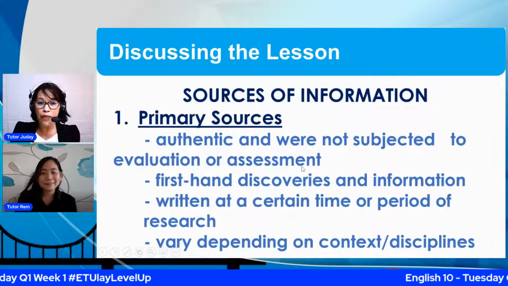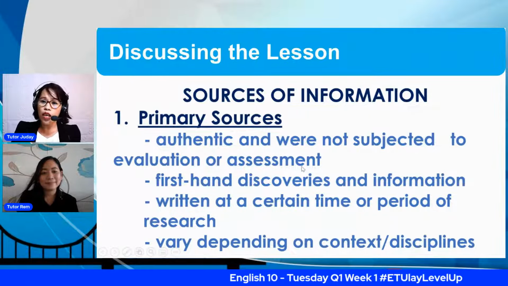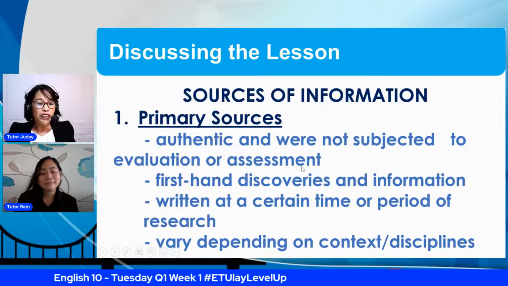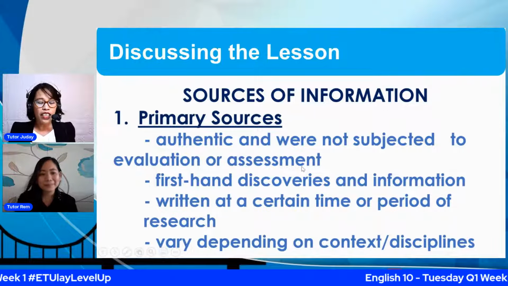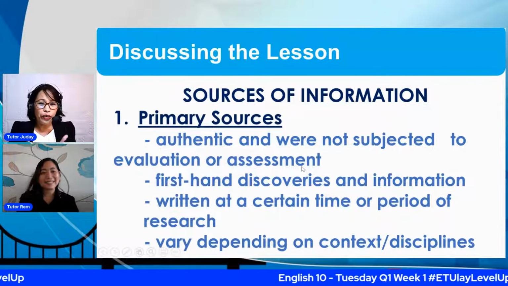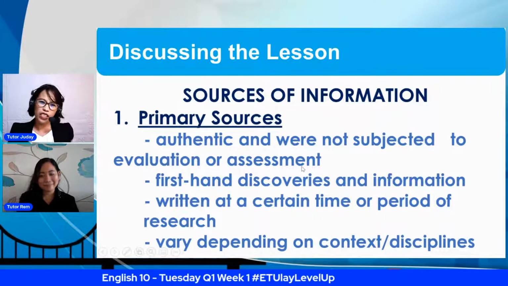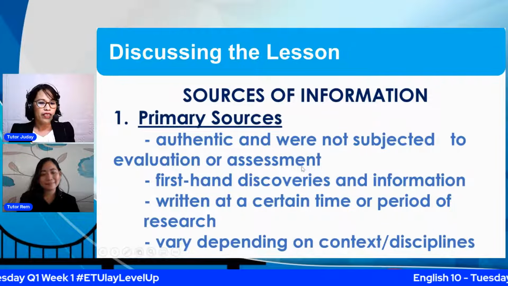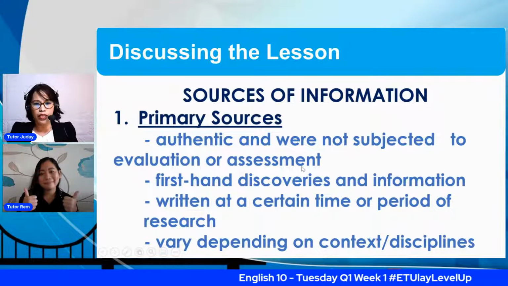Primary sources are authentic and were not subjected to evaluation or assessment, meaning they are first hand discoveries and information. They are written at a certain time or period of history or research. But we have to take note that this varies depending on the context or disciplines.